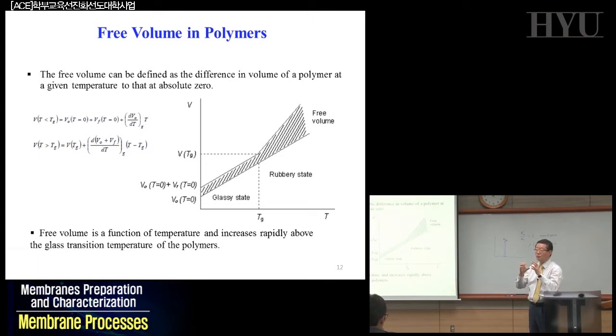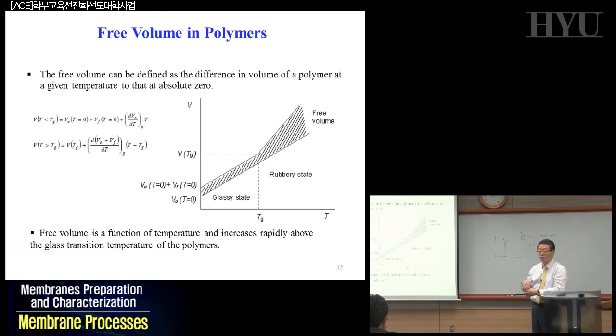Those free volume elements were not regarded as pores, but recently, for the last 10, 15 years, some characterization methods were developed so that we can detect the free volume contents. We can detect the size of the free volumes. Therefore, we can define these free volume elements as cavities, or in some cases, pores.